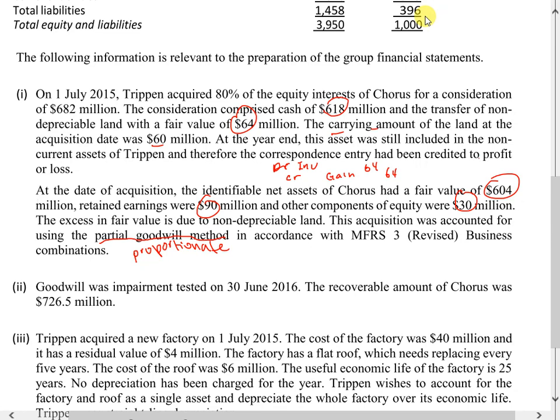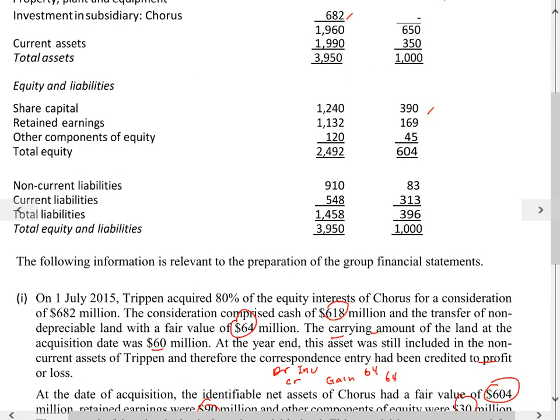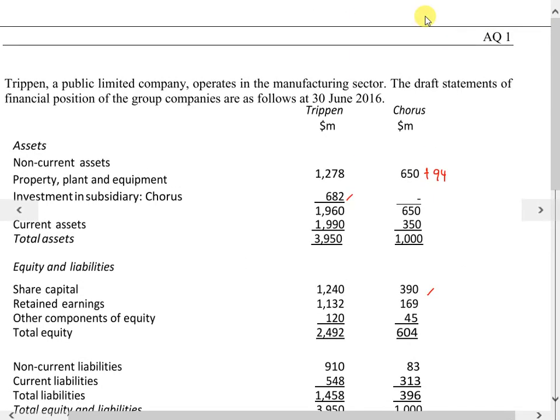Credited to the P&L. So what must I do to correct this entry? I must debit my gain, which is my P&L, and I credit out my PPE. Because I haven't taken it out, so I need to minus out 60.